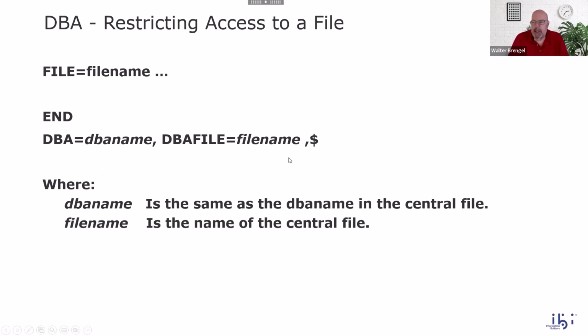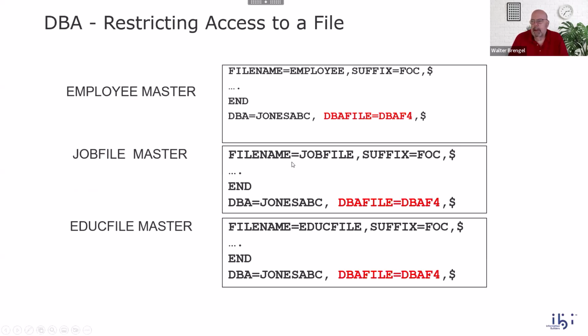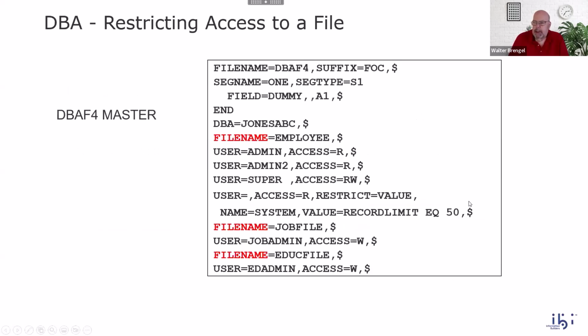This is the entries of a DBA file. Here I have employee, job file, and eject file. The END of each of them points to the DBA file, DBAF4, and DBAF4 has the entries for file employee, file job file, and file eject file.